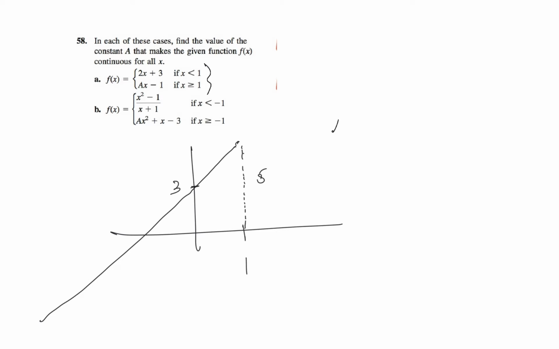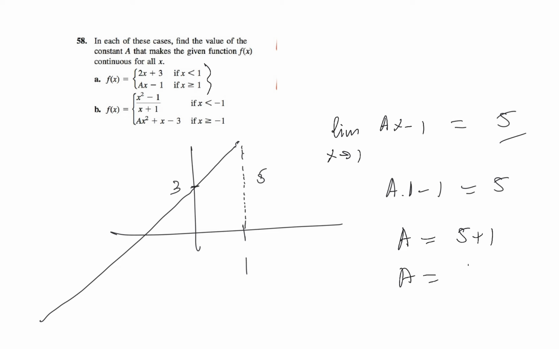So I need the limit when x approaches 1 of ax minus 1 to be 5. So a times 1 minus 1 equals 5, so a should be 5 plus 1, so a should be 6.